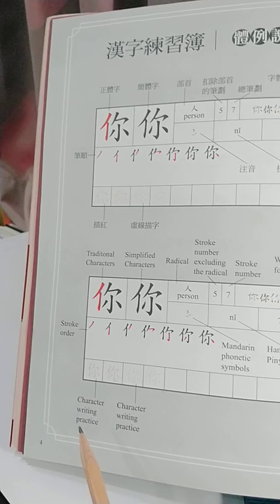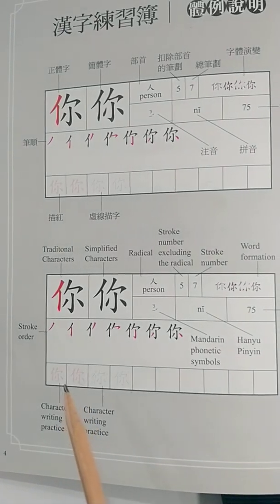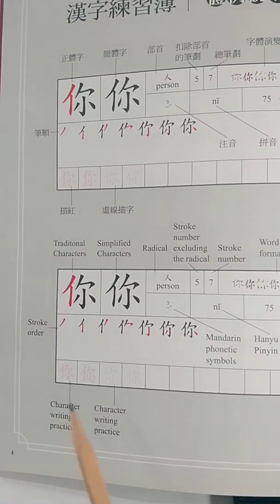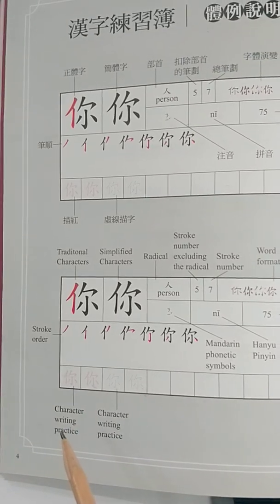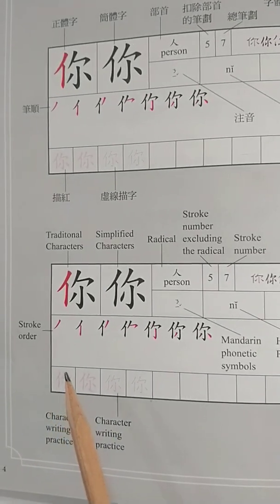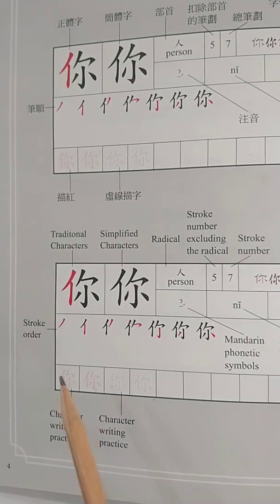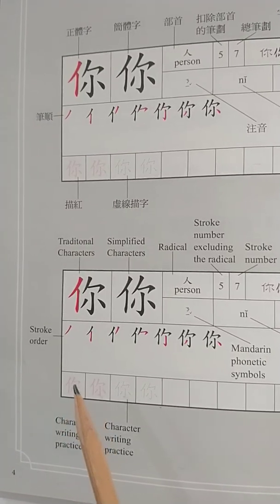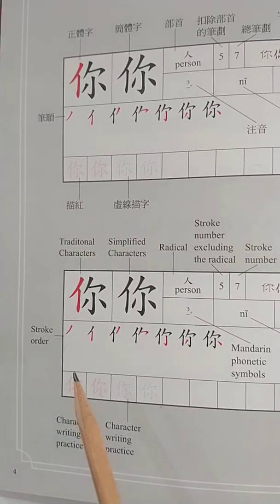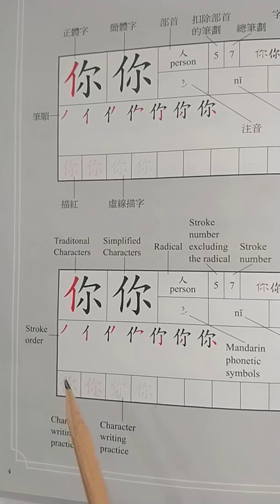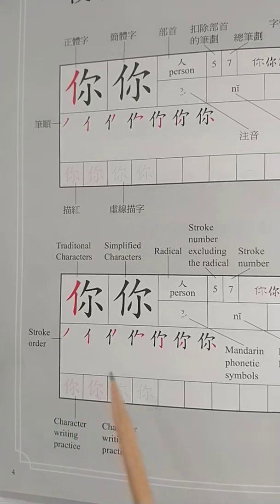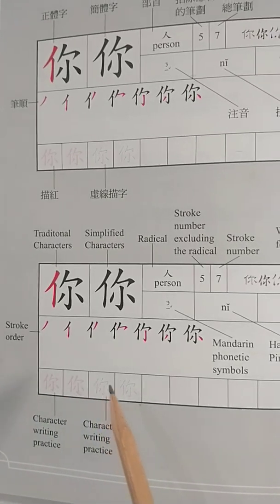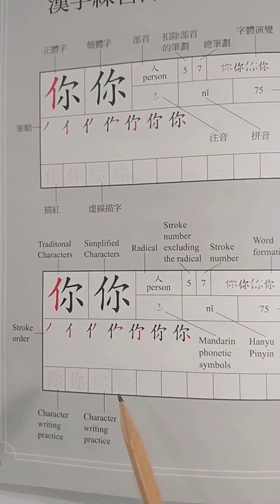Okay, then here you're going to practice writing the characters. So first you'll see that it's been kind of lightly printed here. So you just follow, just kind of right on top of it. Okay, you write on top of it, and here there are two more. It's dotted.